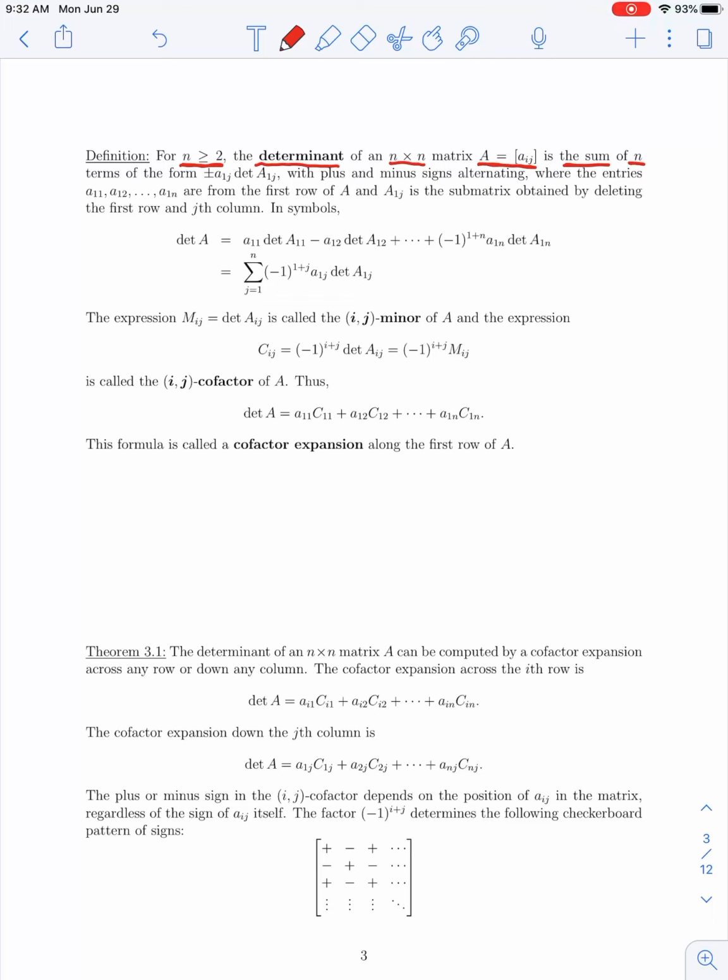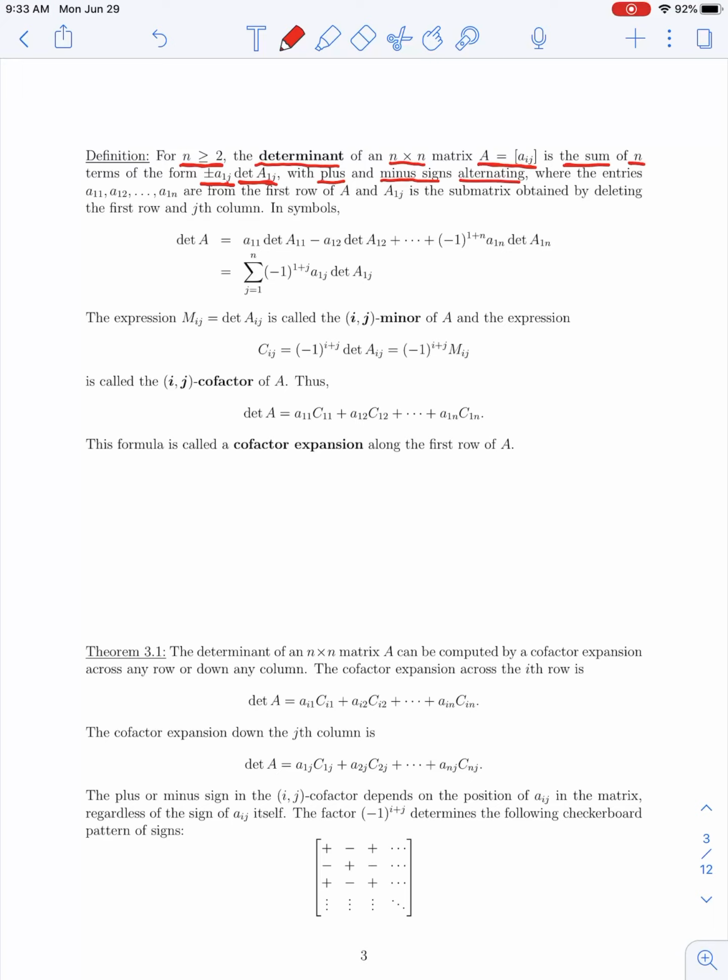As large as the dimension of our matrix is, we have that many terms that we're adding. The terms we're adding are of the form plus or minus A sub 1j, that is, plus or minus the entries in the first row of the matrix, times the determinant of some matrix capital A sub 1j, where the plus and minus signs will be alternating.